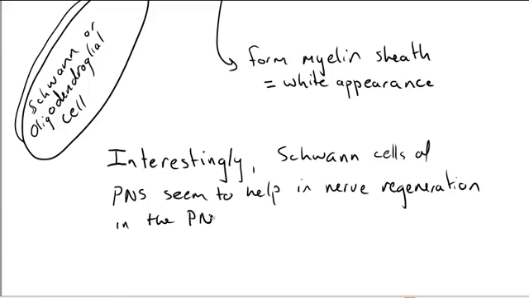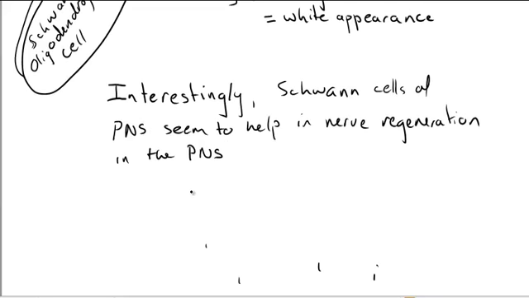So you can damage nerves, for example, to your hand, and over time they can repair themselves, and it seems to be able to repair itself in part thanks to the assistance of the Schwann cells.